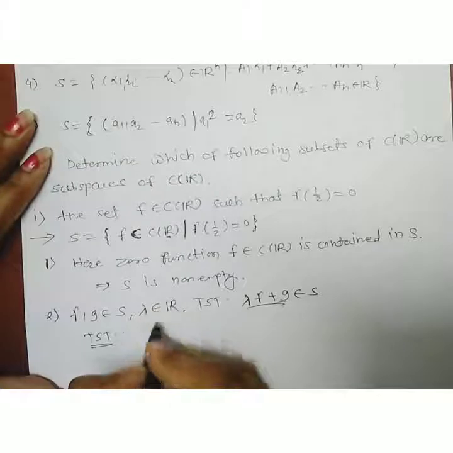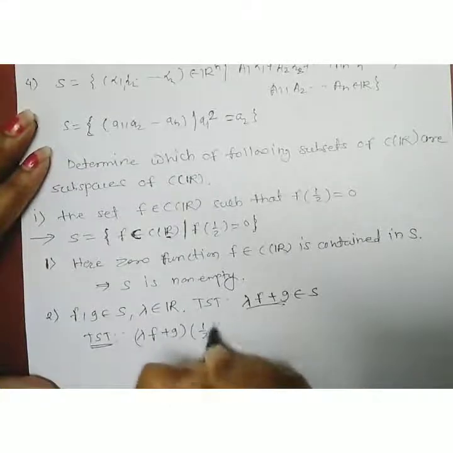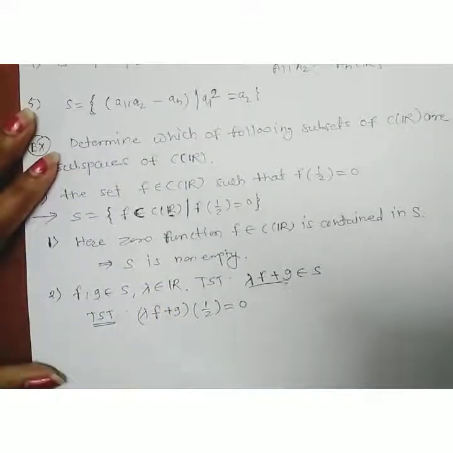That is, we have to show that lambda f plus g operating on 1/2 is equal to 0. For showing that this element belongs to that set, we have to show that the image of this function at 1/2 is equal to 0.